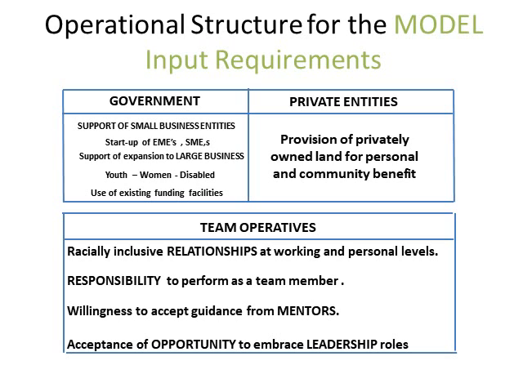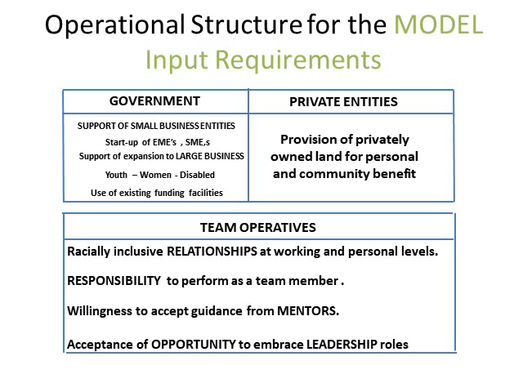It's also now focused on the development of youth and the women and the disabled people, and also using the existing funding facilities that are already embedded in various government departments. That's the government input. What's the private entity input? Predominantly it is the provision of privately owned land for personal and community benefits.